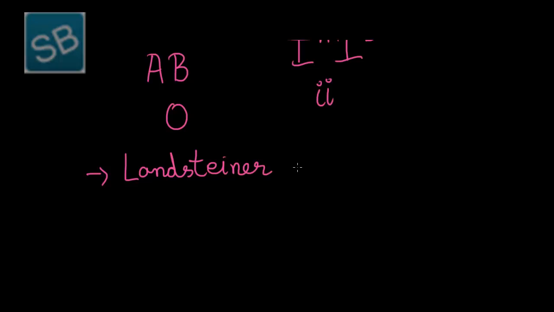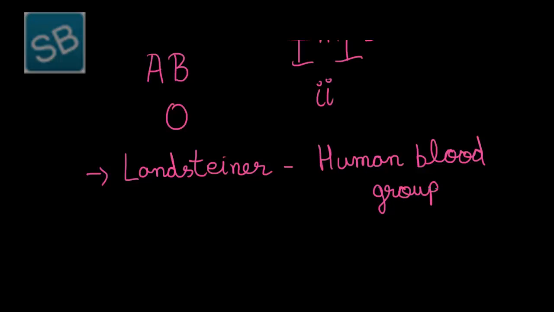He was the first one who described human blood groups. He showed that there are four types of blood group, and that there are four kinds of antigen present on RBC and which kind of antibody occurs in the blood plasma of the person.